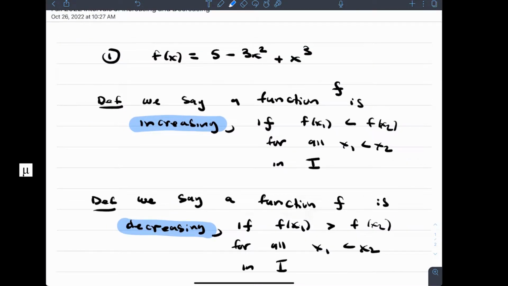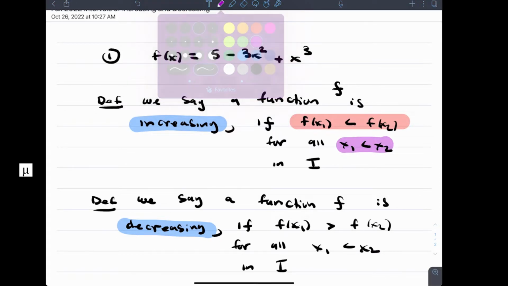Okay, so I'm going to give you guys some time to write that down for a bit. These are definitions, and I think probably the important part is right in here. That you want f of x1 to be smaller than f of x2 whenever you have this situation there. And all this portion means is you're going to walk left to right. Similarly, the other way.